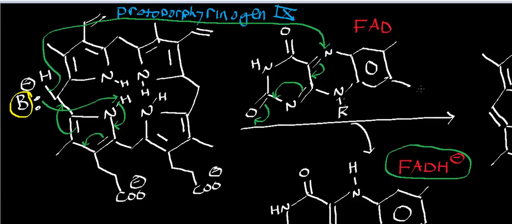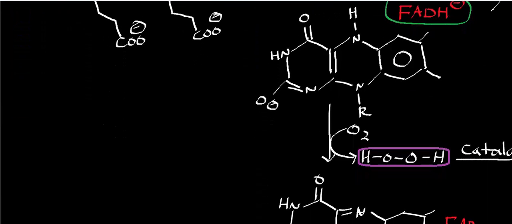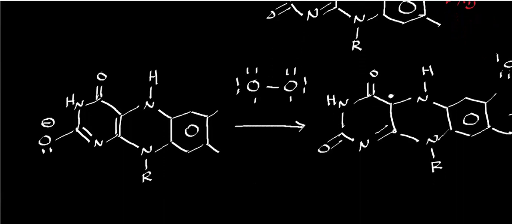So I'll show it to you once, and then I'm going to sort of wave my hands later because I've already shown it to you. But this is going to happen essentially 3 times. Okay, so what we do is we essentially generate this FADH minus. Of course, this is the H that we're talking about right here. So let's come down here and look at it, okay?